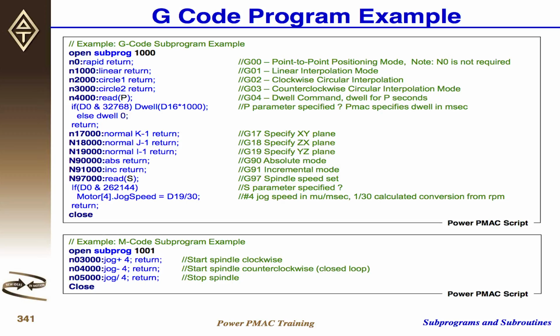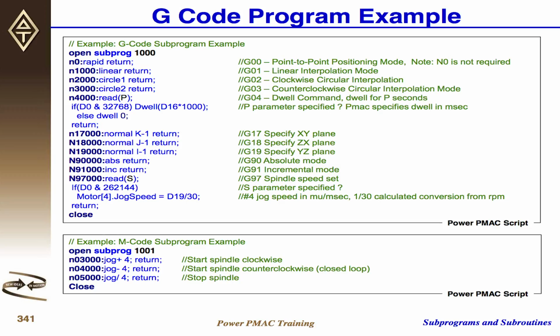D16 times 1,000. The 1,000 coming from, you want to convert it to seconds, right? With dwell, it's in milliseconds, so your part program is giving you seconds, so you need to times 1,000.